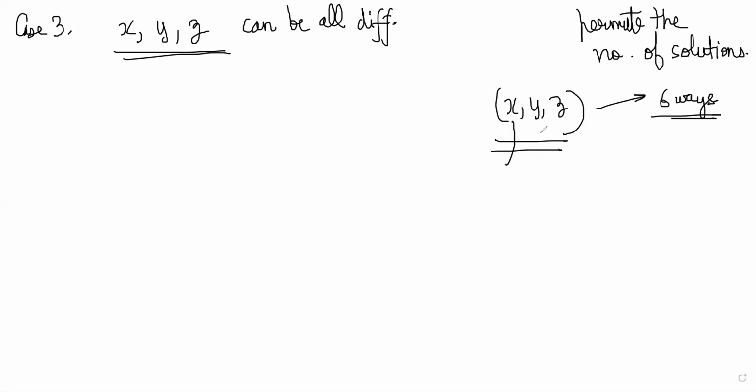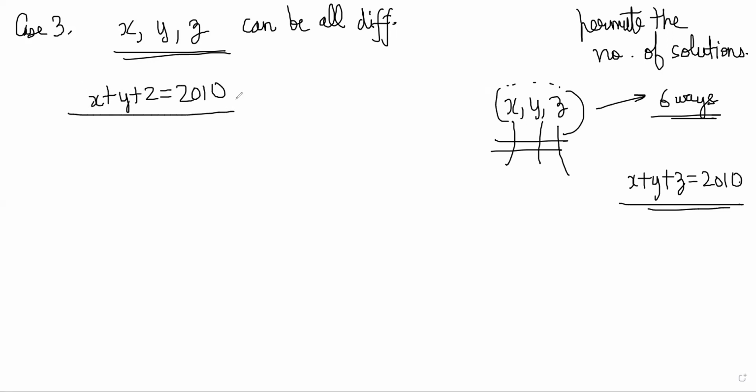So suppose x is something, y is something, z is something, we can arrange x, y, and z and they can take alternate values and still x plus y plus z will be equal to 2010, right? So there are 6 ways to do it. So the number of solutions when x plus y plus z is equal to 2010 and x, y, and z are all different, if that is k, we can basically arrange them in 6 ways, right?